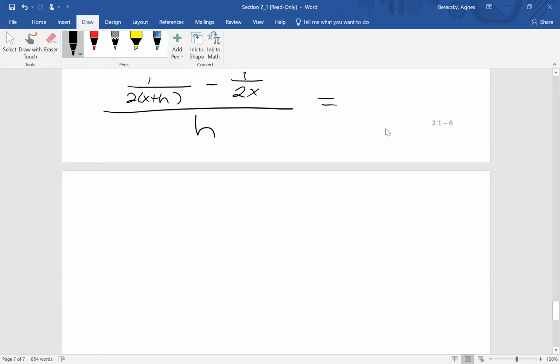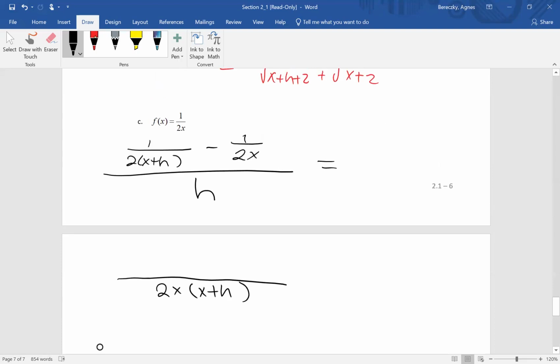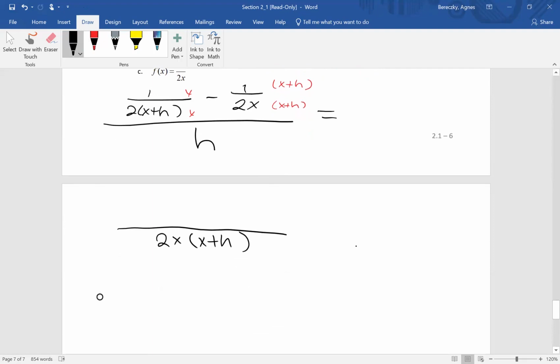So the common denominator will be 2x times x plus h. So we have the first part multiplied with the x, and the second part multiplied with the x plus h. Hopefully in a pre-calculus class, you know how to find the common denominator.